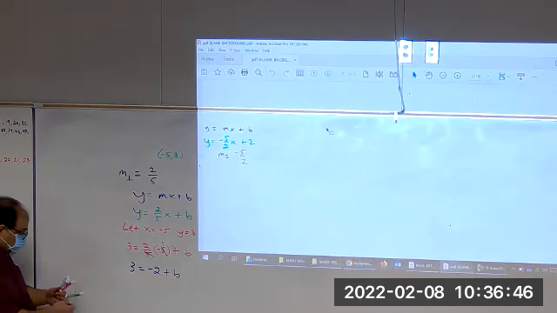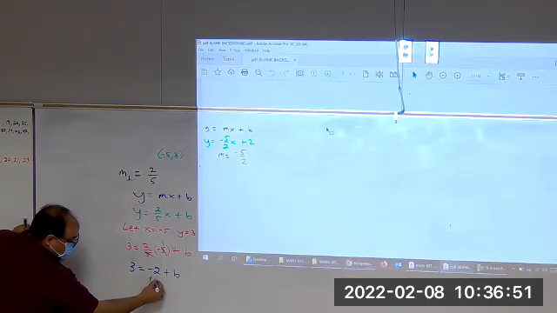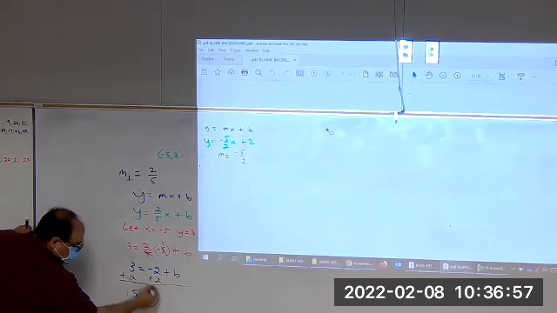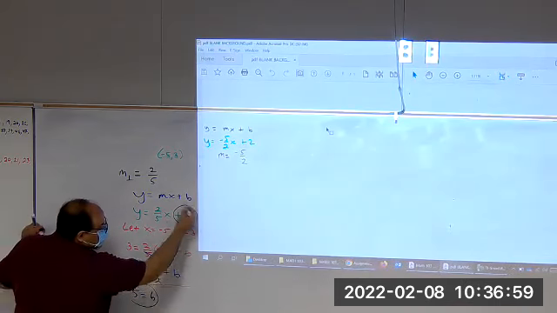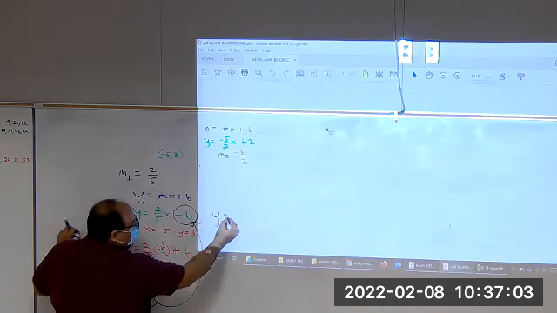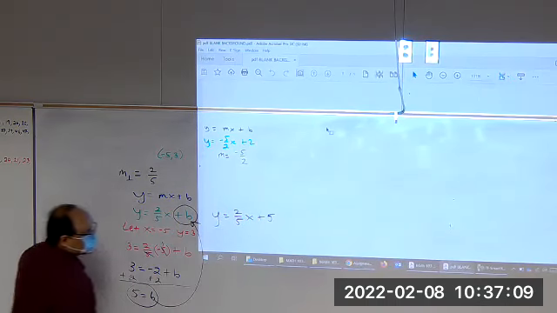And if it doesn't, you can ask. To solve for b, you just add 2 to both sides. 3 plus 2, 5 is the b. So you're missing that b, now you know it's a 5. So y equals 2/5 times x plus 5.